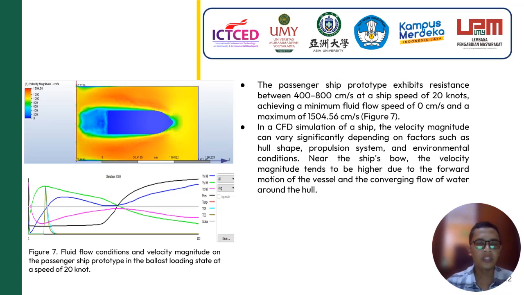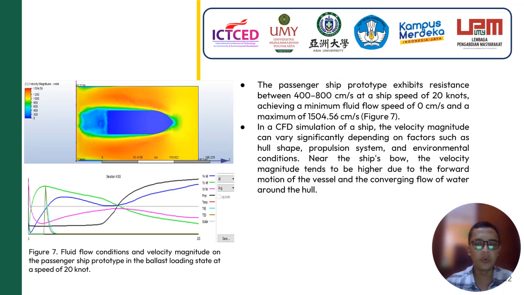So in a CFD simulation of a ship, the velocity magnitudes can vary significantly depending on factors such as hull shape, propulsion system, and environmental conditions.